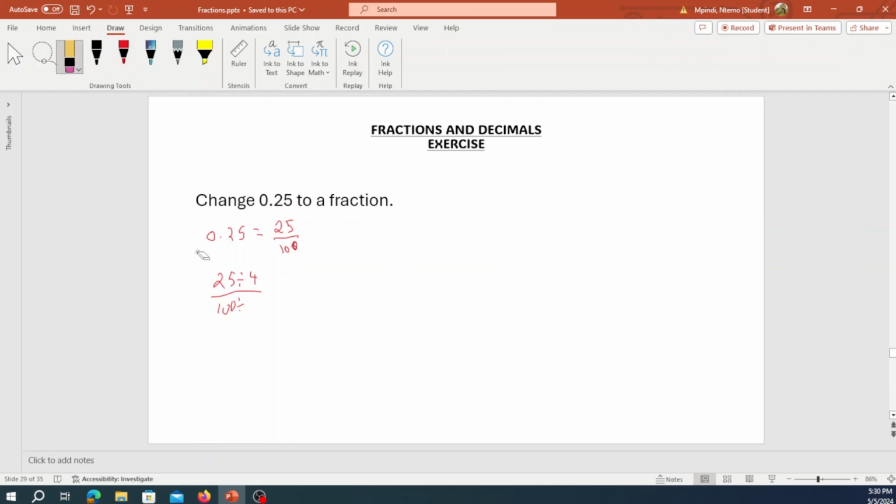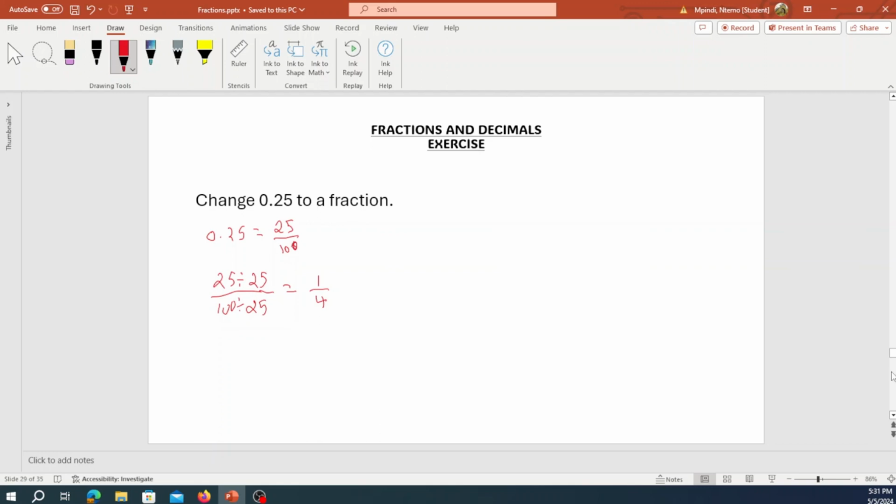So it has to be 25 divided by 25, and 100 divided by 25. So here it's gonna be 1 over 4, because 4 times 25 gives us 100. Okay.